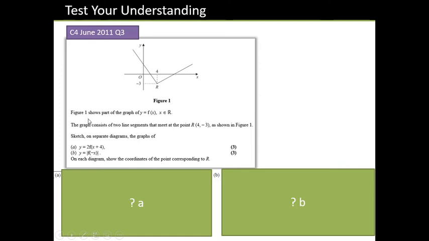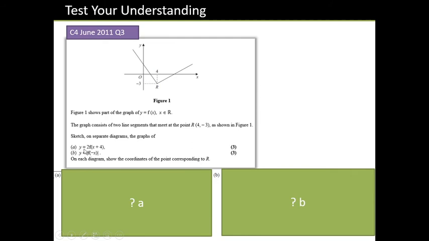So looking at this question, figure 1 shows part of the graph of y equals f of x for any real x in our domain. The graph consists of 2 line segments that meet at the point r, 4, negative 3, as shown in figure 1. Sketch on separate diagrams the graphs of y equals f of 2x plus 4 and y equals the modulus of f of negative x. On each diagram, show the coordinates of the point corresponding to r.